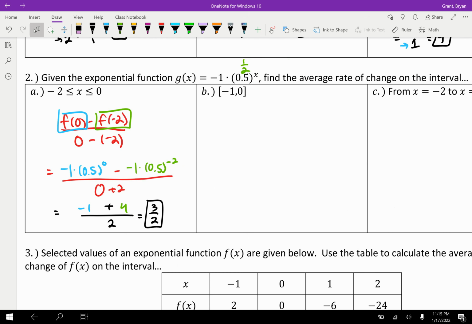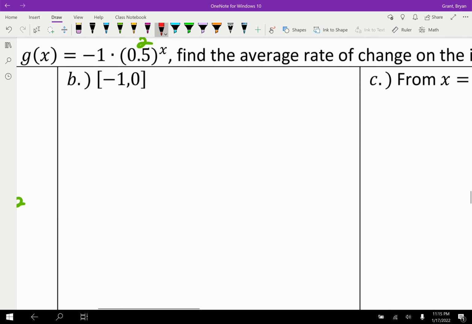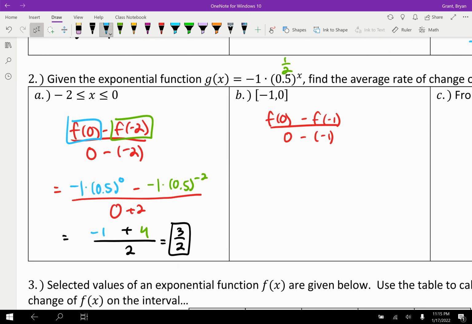All right, next one. Same idea. We have f of 0 minus f of negative 1 divided by 0 minus negative 1. Now we can cheat a bit here too, because we already did f of 0, and f of 0 just ended up becoming negative 1. So as we work through this, we know the one in blue will be negative 1.